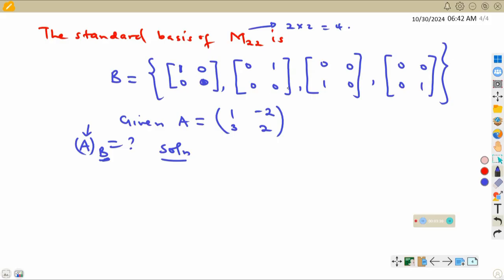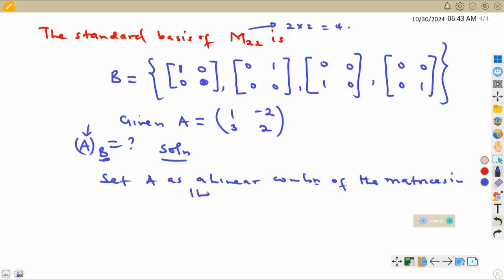For example, there are 4 of them, so using the scalars alpha 1, alpha 2, alpha 3, and alpha 4, set A as a linear combination of the matrices in the basis B. So we can write it at once.